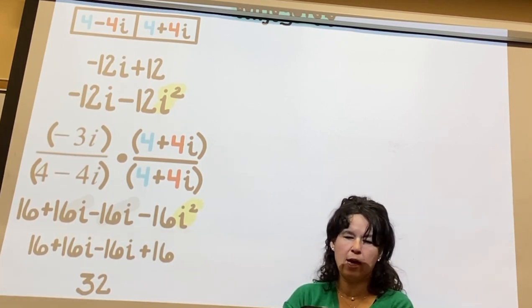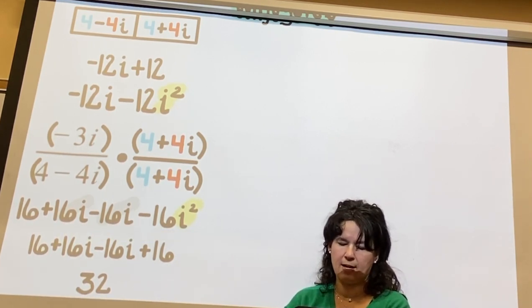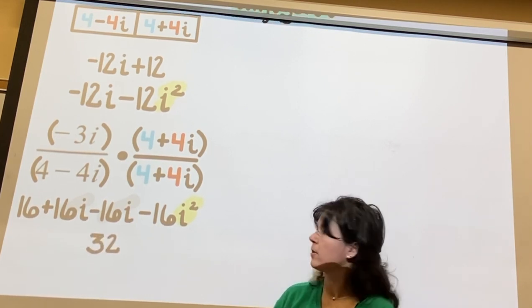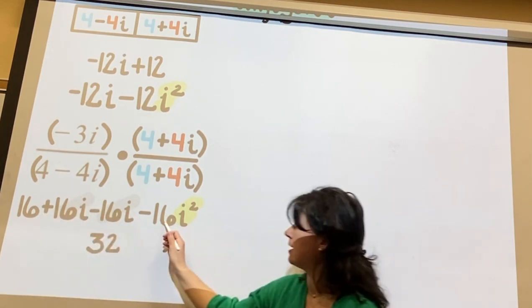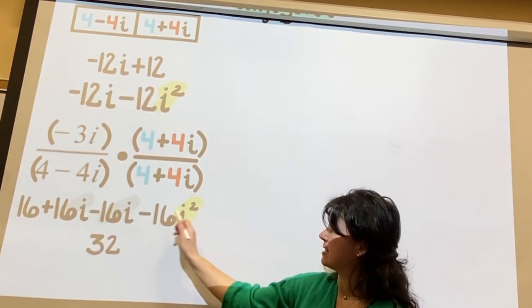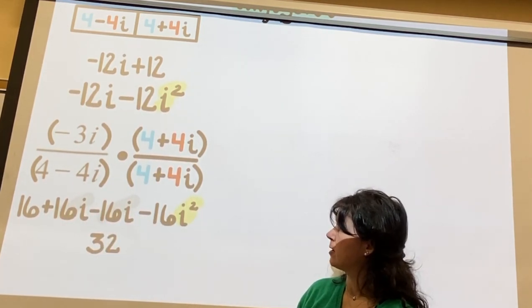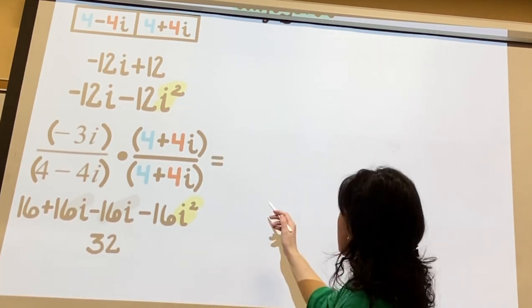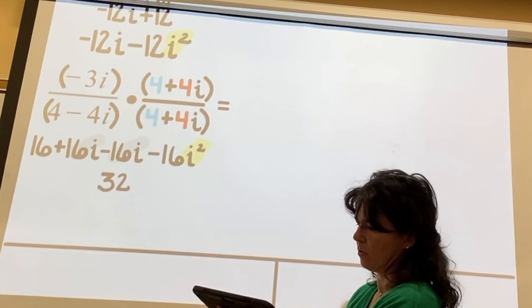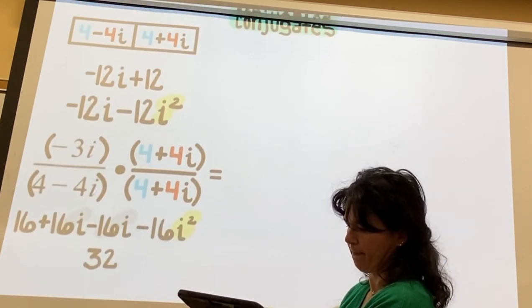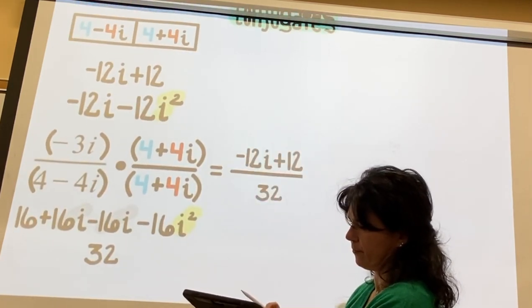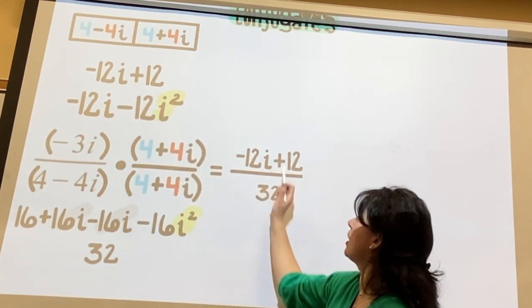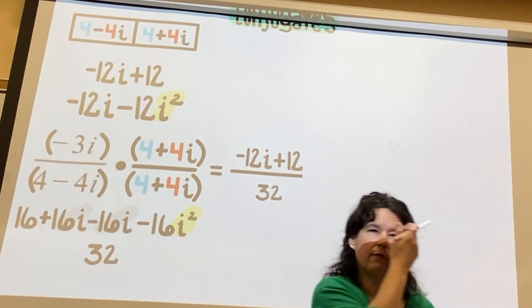I'm going to go ahead and remove this one step. I think that's maybe a little bit too much explanation. Okay, so just 16, this is plus 16 because negative 16 times negative 1. Okay, then I'm going to go ahead and rewrite what we have. So in the numerator right now we have negative 12i plus 12, and in the denominator we have 32.